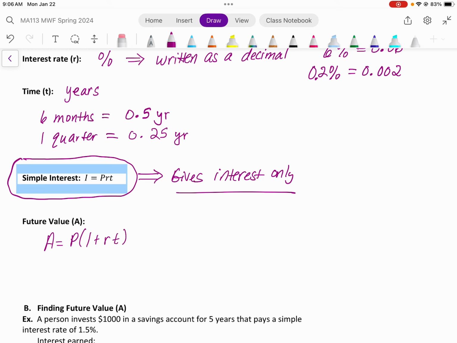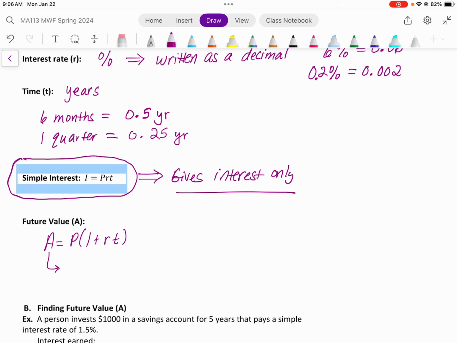So this future value A is the new piece here that we don't know about. What is A? Well, it's going to be the amount in the account after the number of years have passed, or it's going to be the total that you're borrowing. So it's the principal with the interest.